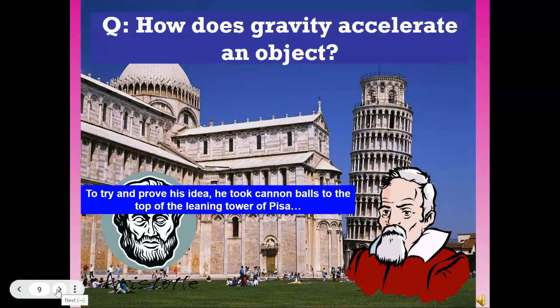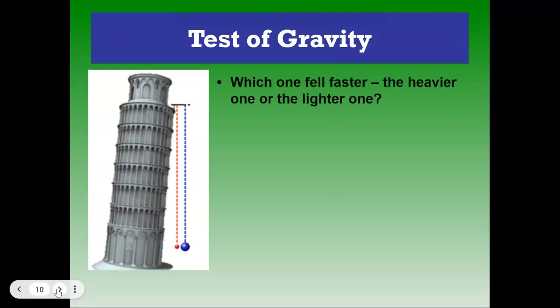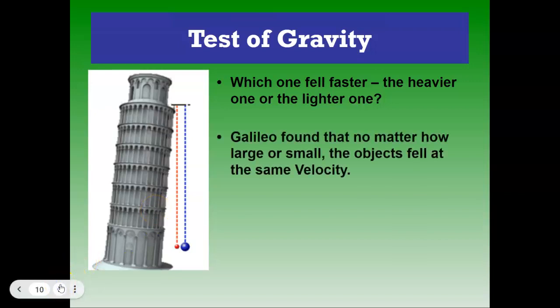He threw them off the edge. And what happened? Up until this point, the idea was that if you threw two objects off a tower, the heavier one would fall faster. However, Galileo found that no matter how large or small, the objects fell at the same velocity. Remember, velocity is your displacement over time.